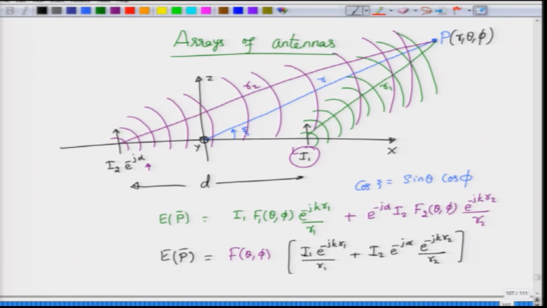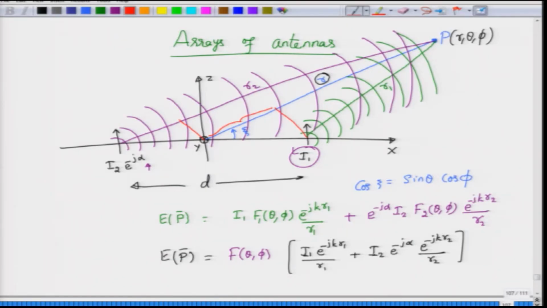Here I have R1 and R2, and I have e power minus j k R1, e power minus j k R2. I am not really interested in R1 and R2. Rather, I am interested in varying this R, and then seeing how the field would vary. So, I have to find a relationship between R, R1 and R2, and that relationship comes rather easily, because if I draw a line here and here, I see that this is the extra part of the length that the wave would have travelled had it originated from the origin.